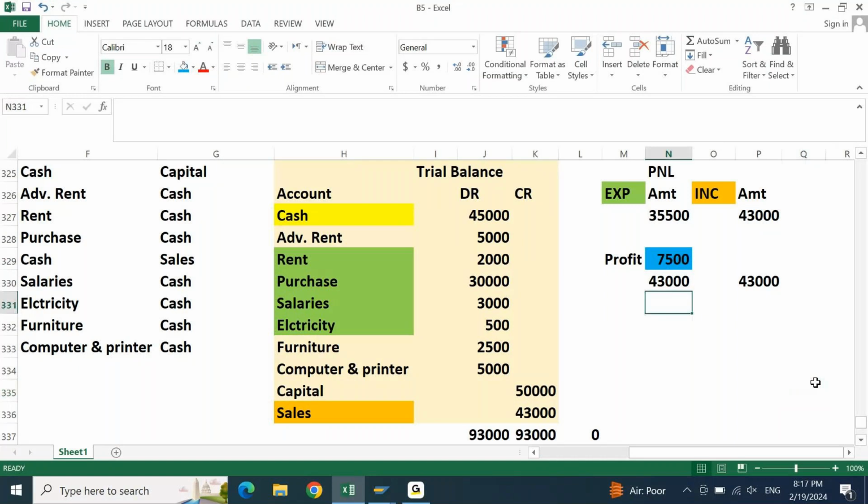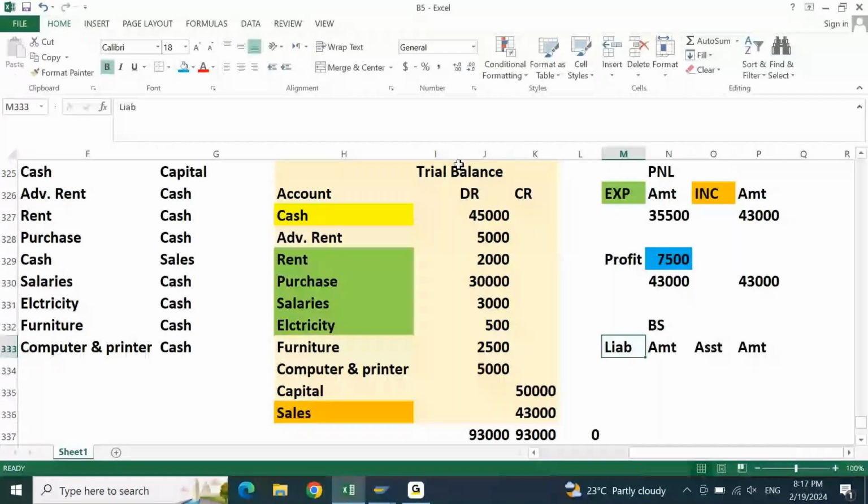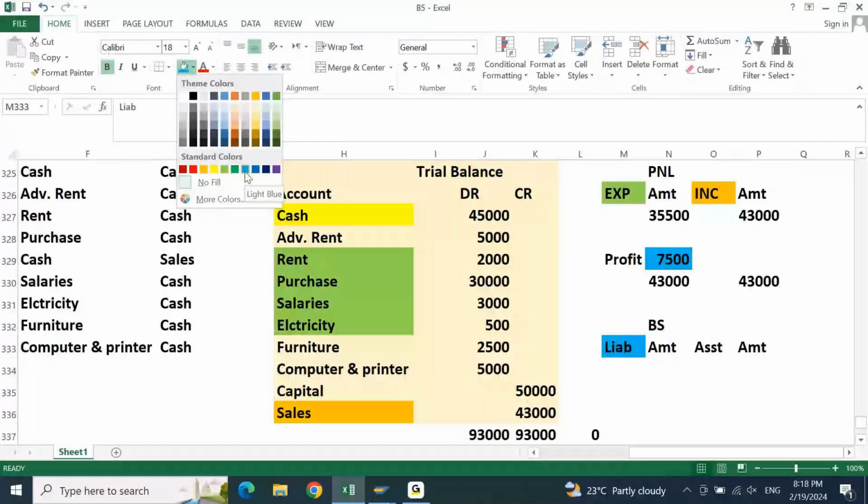In the balance sheet, what you are going to have? You are going to have liability, and then you are going to have asset. Now what I'll do, liabilities I will identify with a different color. For example, let me highlight this for liabilities.